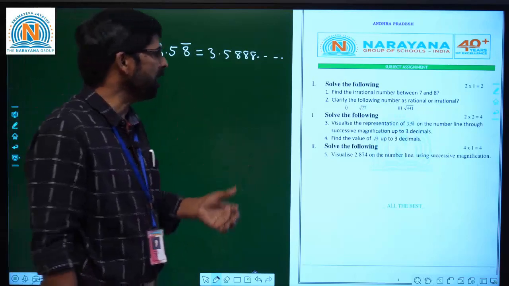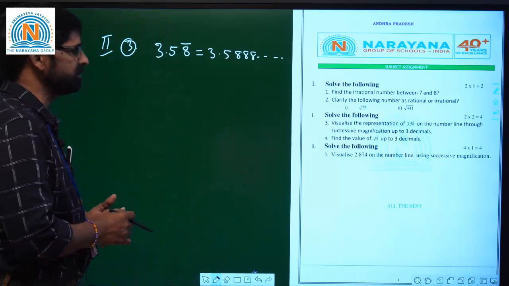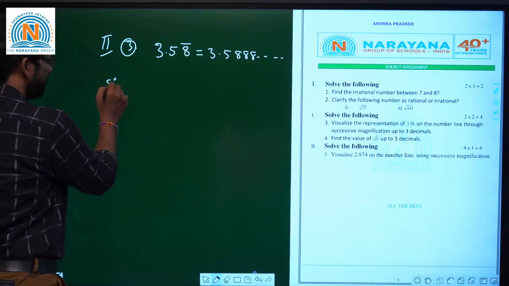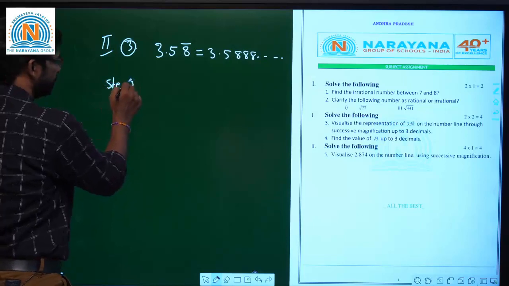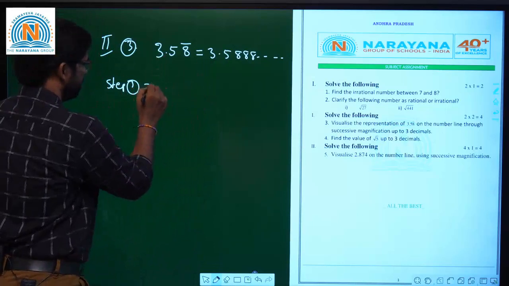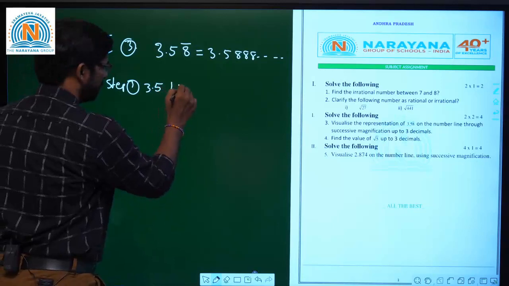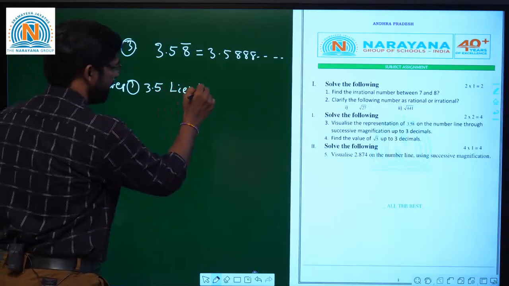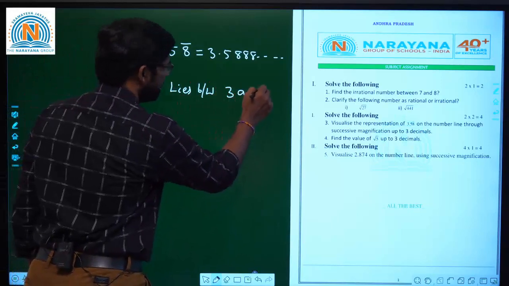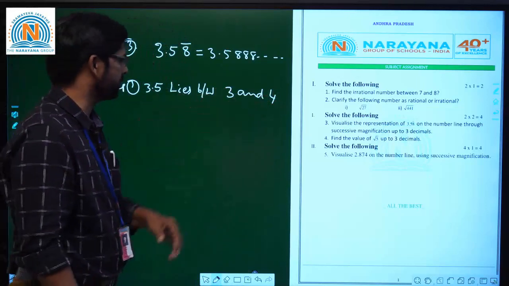To show 3.58 bar on the number line through successive magnification up to 3 decimal places, there are 3 steps. In step 1, 3.5 lies between 3 and 4.